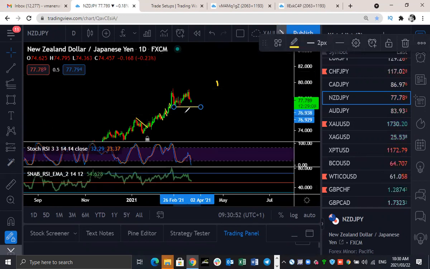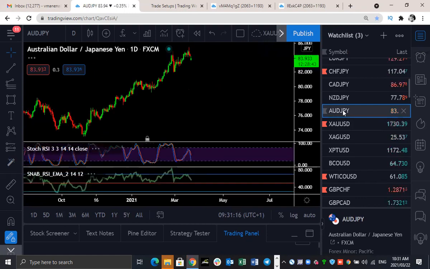This trend has been up for the past year or so, so it's not just going to change just because the 4-hour RSI is below 50. So we'll be looking for this to continue to the upside. You can see on the daily we are setting up, we have already reset it, so we could be looking for this one to continue to the upside. So we're still looking for more upside here on New Zealand yen, even though the 4-hour is below 50.